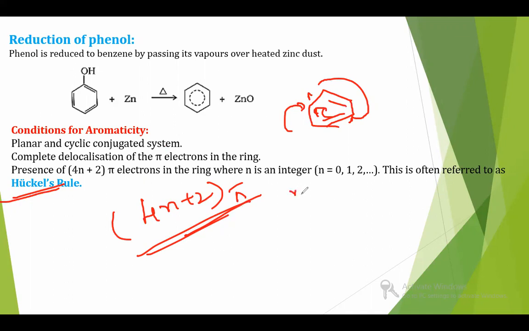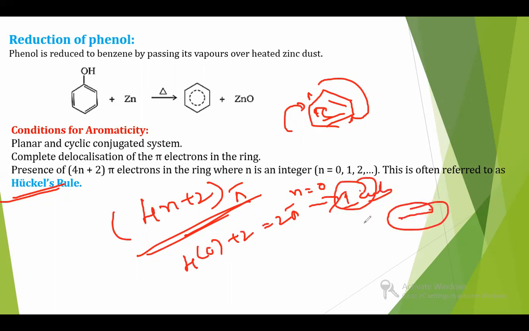If n is equal to 0, integers begin from 0. For n equal to 0, 4 into 0 plus 2 is 2 pi electrons, which is one pi bond formed by 2 electrons.